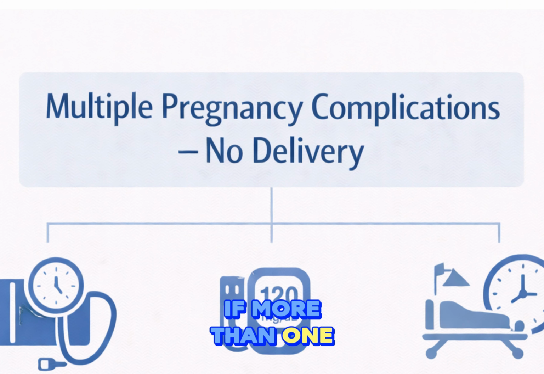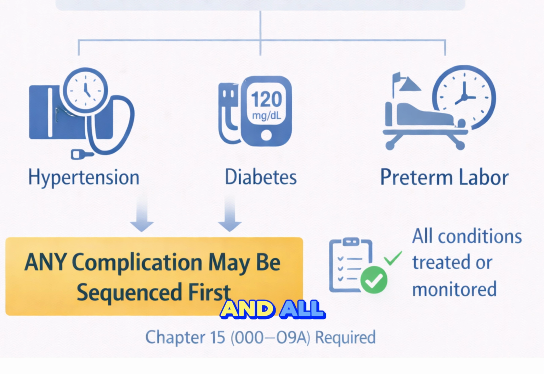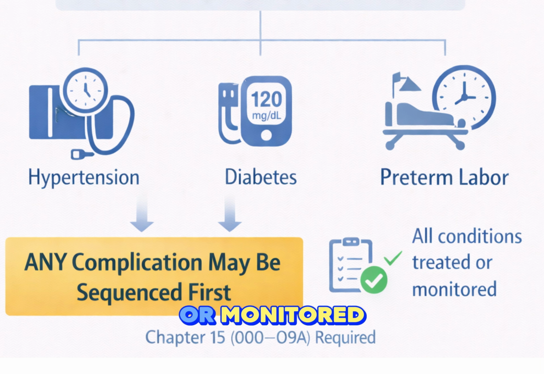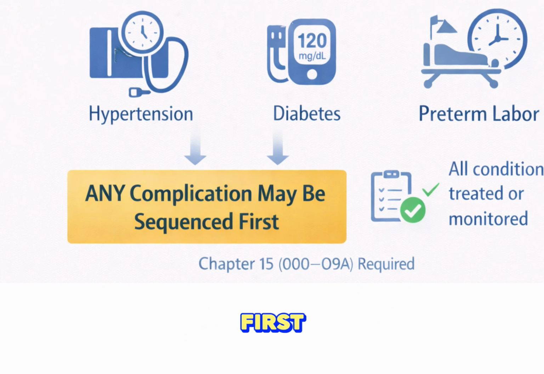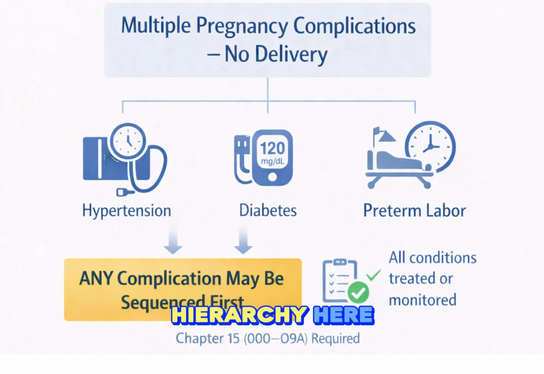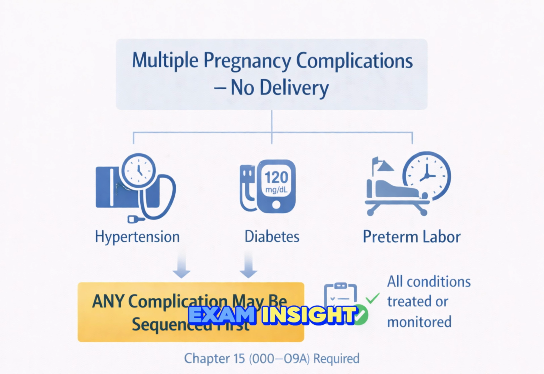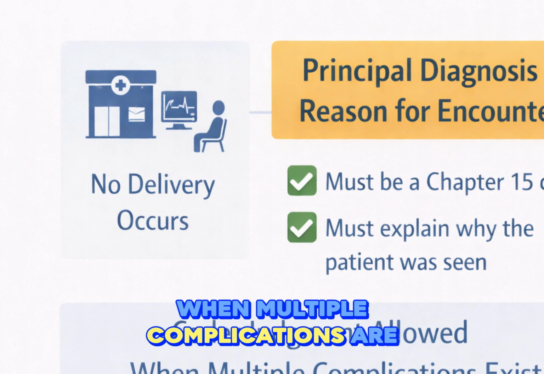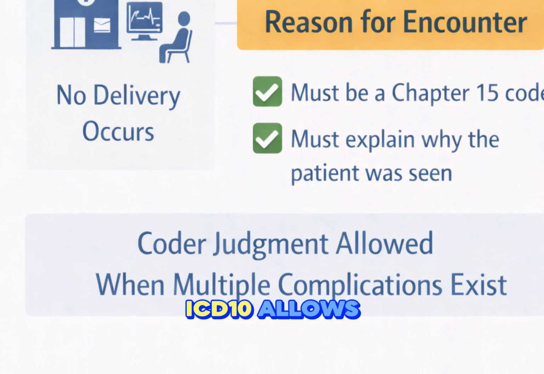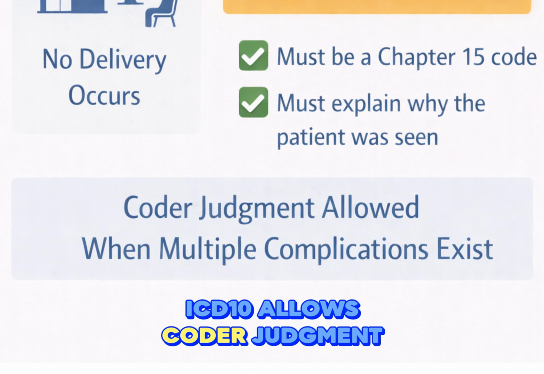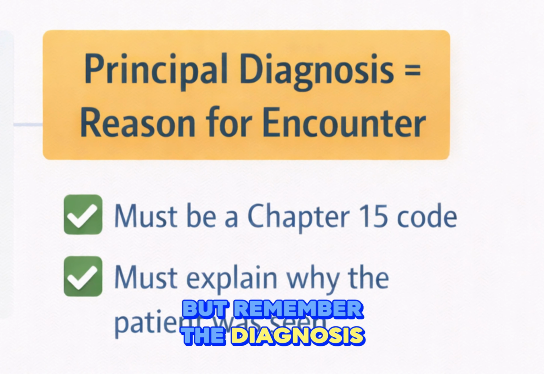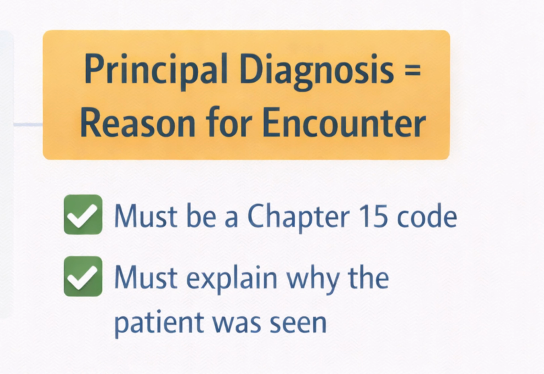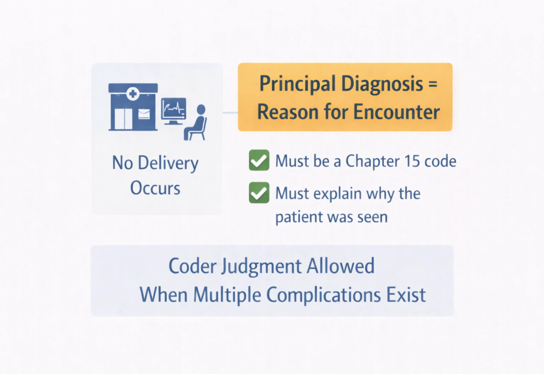If more than one complication exists and all are treated or monitored, any of the complication codes may be sequenced first. There is no strict hierarchy here. Exam insight: when multiple complications are equally managed, ICD-10 allows coder judgment in sequencing. But remember, the diagnosis must be from Chapter 15, and it must explain why the patient was seen.